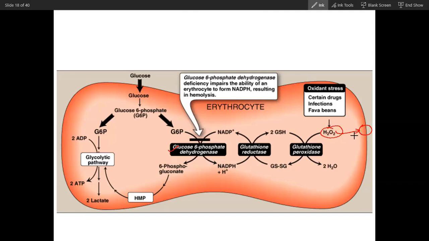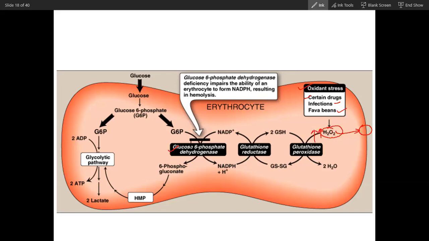That would damage the membrane. So free radicals will become high, especially during an oxidative state. These are the oxidative stresses: you will see parvovirus, some certain infection. In our question, the infection was infectious mononucleosis, and here certain drugs, infection and parvovirus cause increased oxidative stress inside the RBC, and that will produce more free radicals.